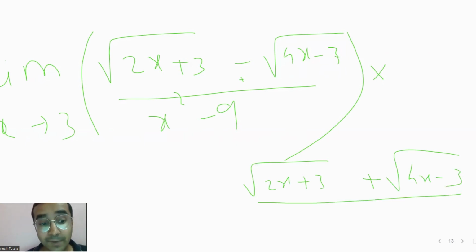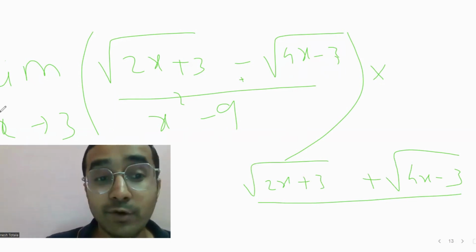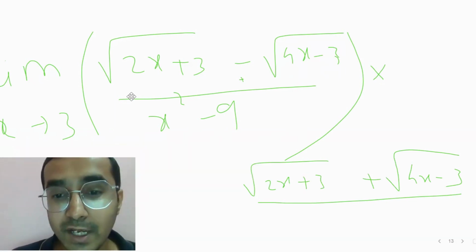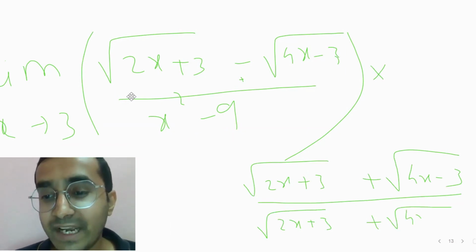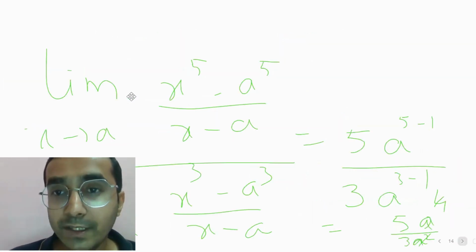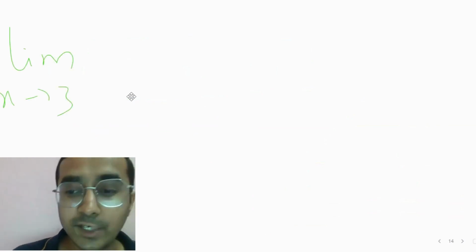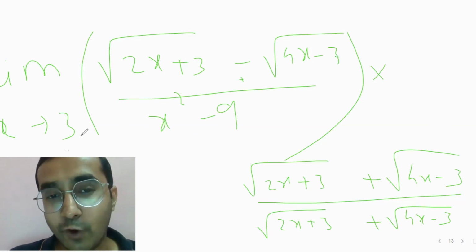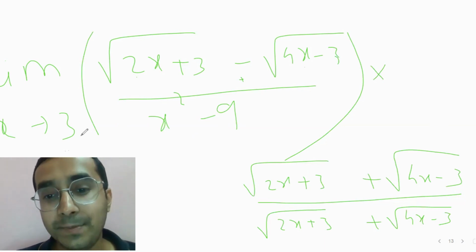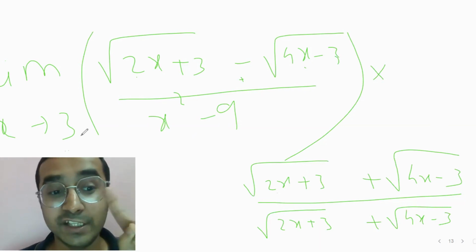Now, as we are multiplying by the conjugate, naturally we also have to divide by the conjugate, because we don't want to change the value of the given function. So it will be root of 2x plus 3 plus root of 4x minus 3. Now, limit as x tends to 3. In the numerator, we can see that it is of the form a minus b into a plus b, which is a difference of two squares.